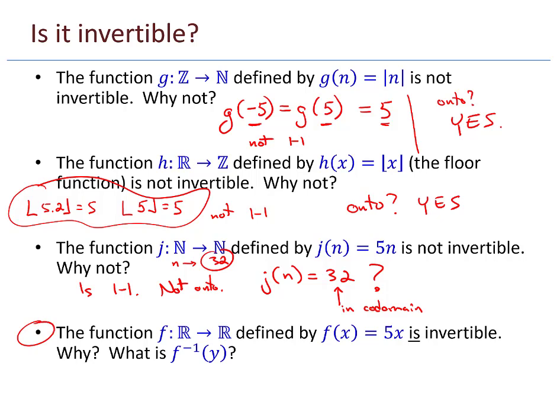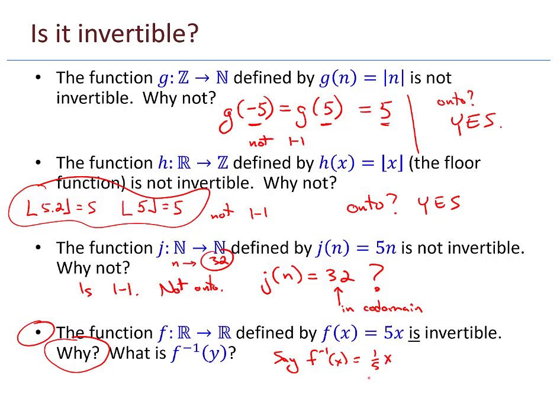And the last example, the function f from the reals to the reals is defined by f of x equals 5x. This is invertible. Why? What is f inverse of y? Well, in order to show this, I need to exhibit an inverse function. I need to find another function that has the property that these two functions undo each other. So let's propose that f inverse of x equals 1/5 of x.